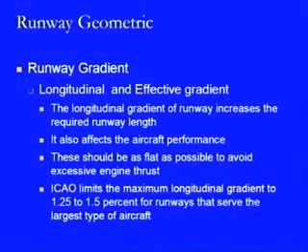Now ICAO has limited the maximum longitudinal gradient to 1.25% to 1.5% for runways that serve the largest type of aircraft. So that is the limiting value provided by ICAO.